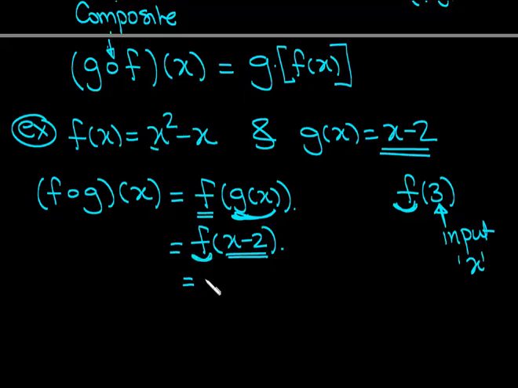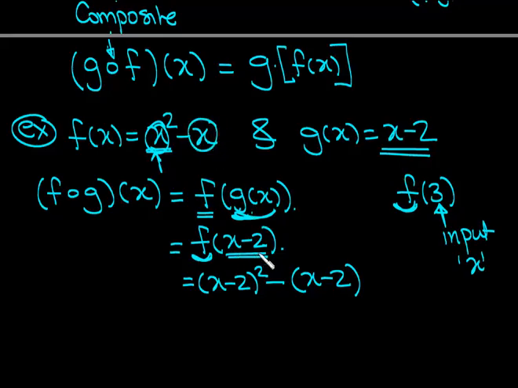Instead of that, it'll be x minus 2 squared minus x minus 2. Do you see what I'm doing? I'm replacing this x with the function g, which is x minus 2, because my input now is x minus 2.